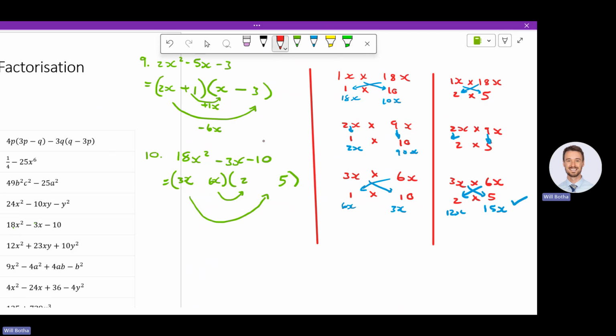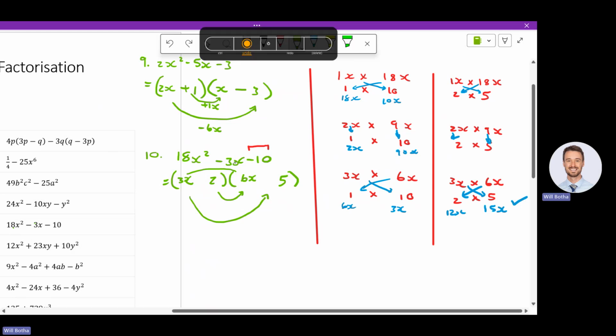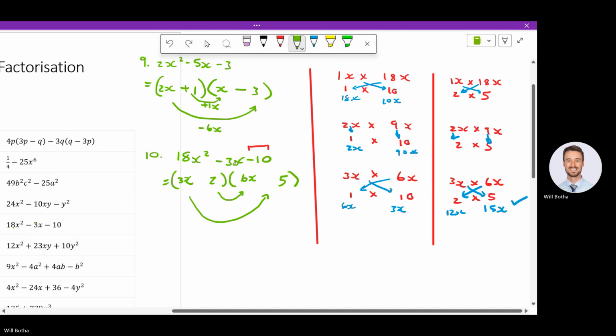Because my last term is negative, what do I know about the signs? I don't know why I'm messing this bracket up. Apologies for that. 6x and 2. Because I want the 3x to multiply with 6x as well, I can't have them in the same bracket. It's always x and a constant.